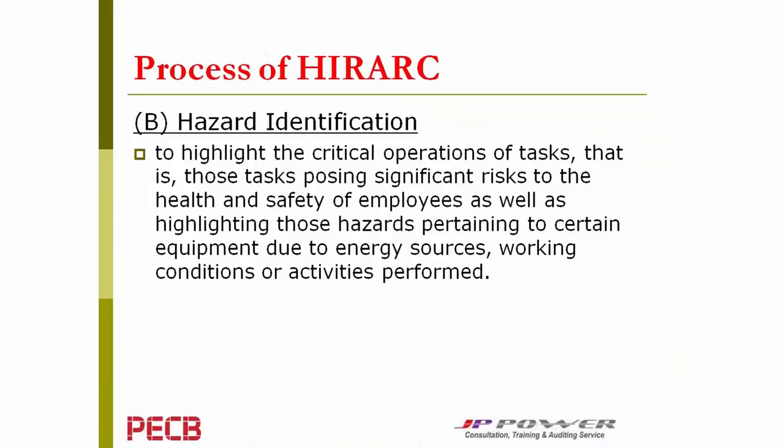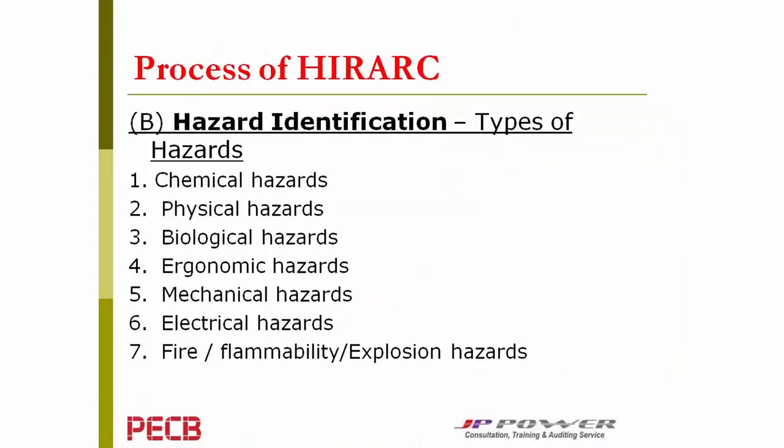So before we start the identification of the hazard, it is very important that we understand what types of hazards may exist in an organization. In a simplified form, there are 7 types of hazards, as you can see on the screen. We have chemical hazards, physical hazards, biological hazards, economic hazards, mechanical, electrical, and fire and explosion hazards.